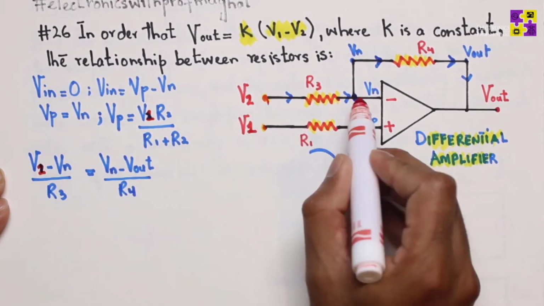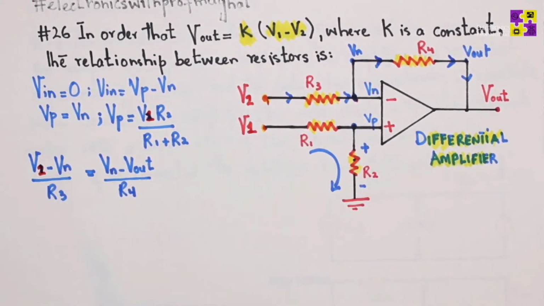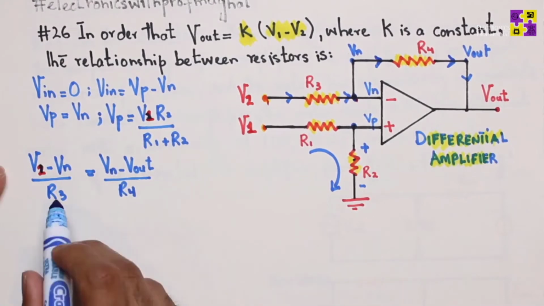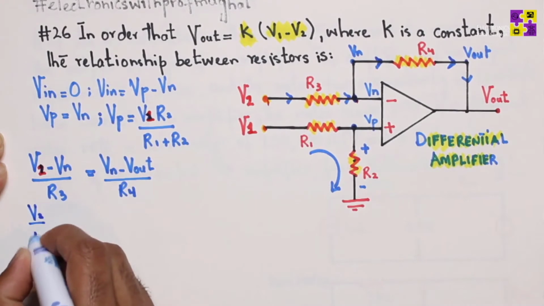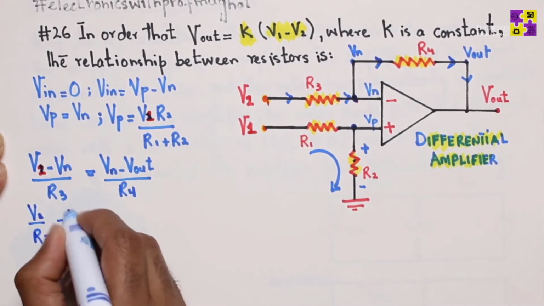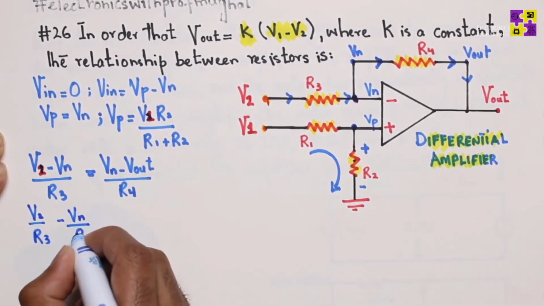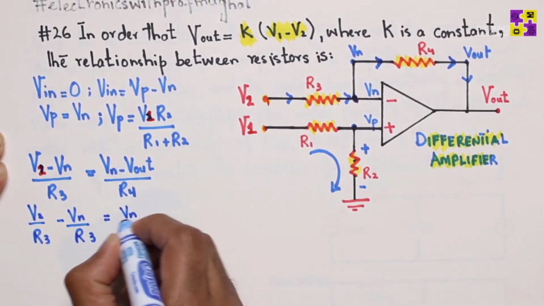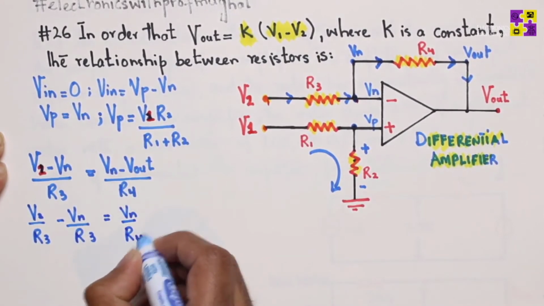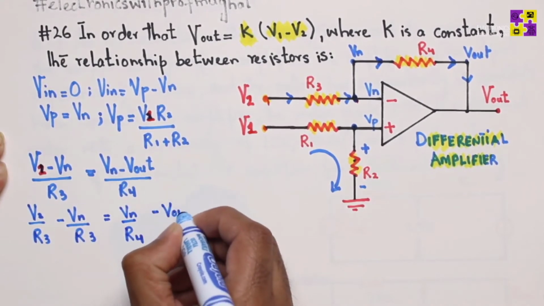So V2 minus Vn, and hence we have this. Okay, now I can rewrite this equation as V2 over R3 minus Vn over R3 equals Vn over R4 minus Vout over R4, correct?